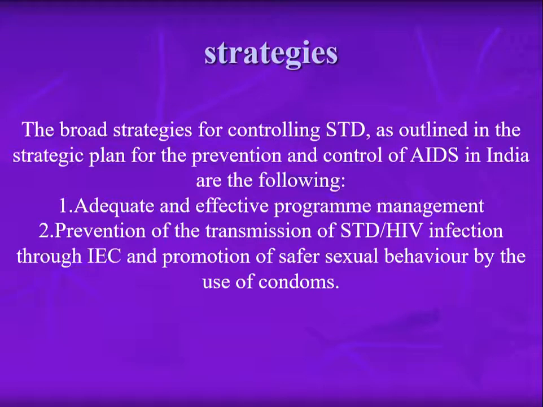The second is prevention of transmission of STD and HIV infection through IEC, that is information, education and communication, and the promotion of safer sexual behavior by the use of condoms. By use of condoms, you can prevent STD and HIV infection.